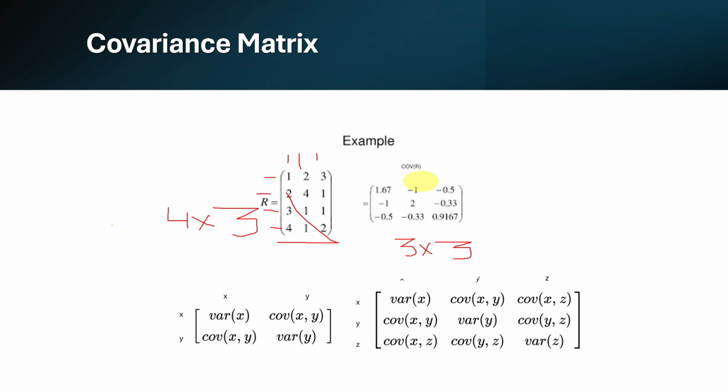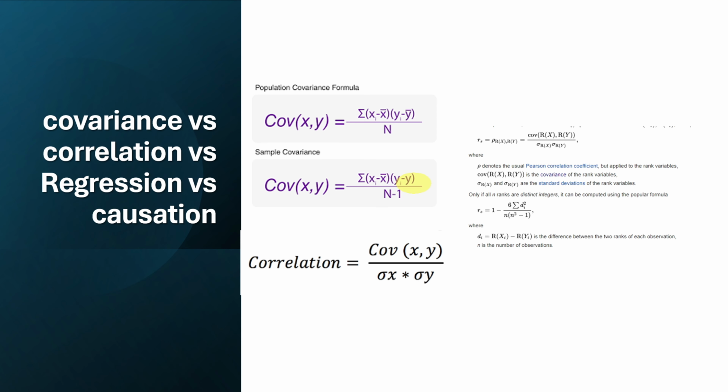How to solve this? We have already discussed the formula for covariance in our previous example. The covariance formula is the summation of x minus x mean into y minus y mean, divided by n.